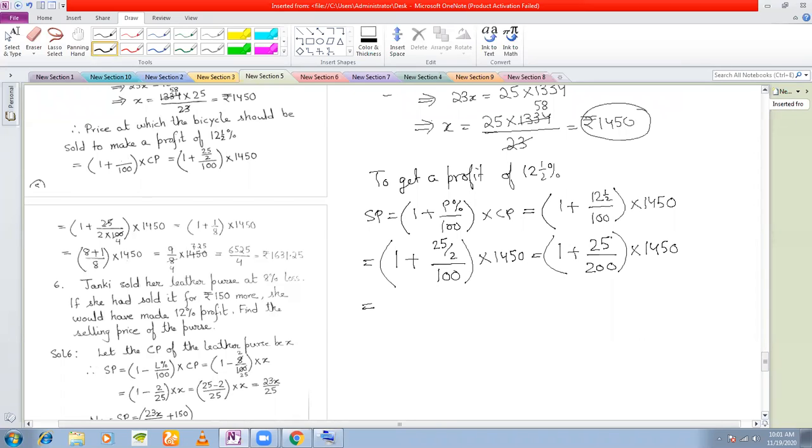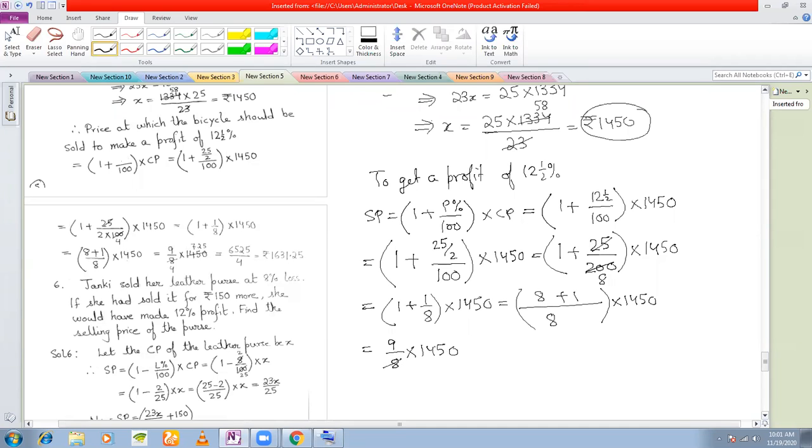So now if you cancel this, cancel 8 times. Now you take the LCM. 9 divided by 8 into 1450.